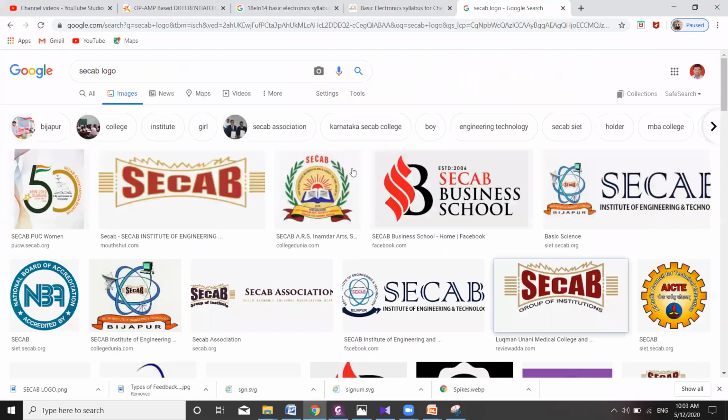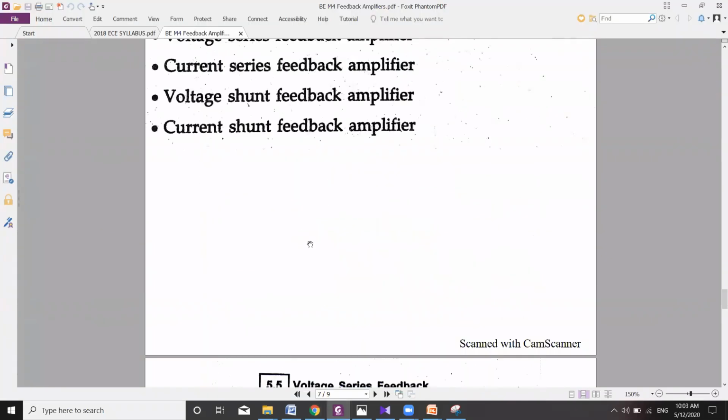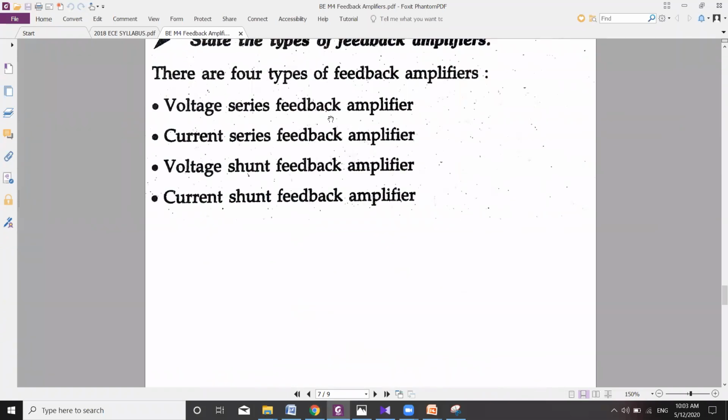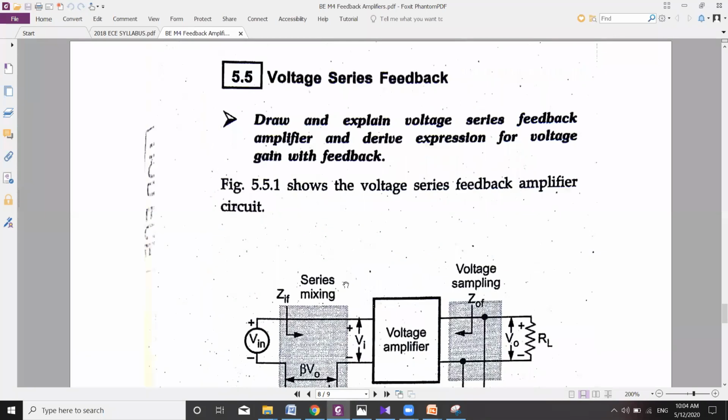Just see your syllabus over here. Types of feedback network is there, and after that we have voltage series feedback. Only this one type is there in your syllabus, so that you have to discuss in detail.